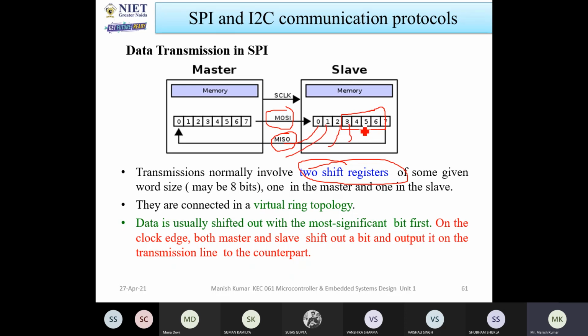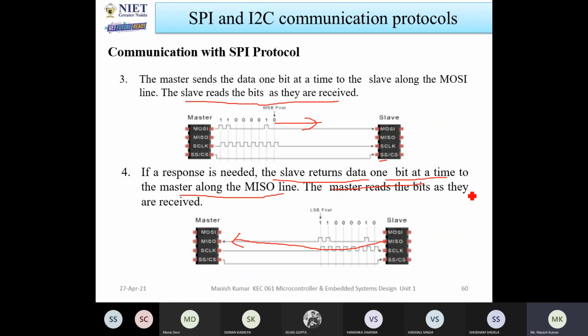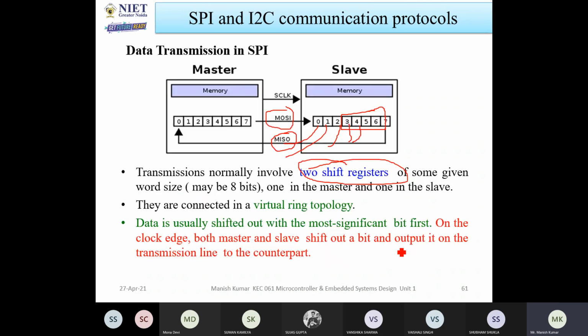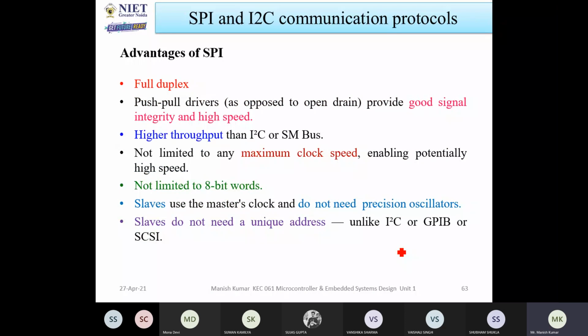Correct? So in the slave devices, let us consider that shift registers are available. Whenever the data is read by the slave, it will be stored in the shift registers. So in this way, you can transfer the data with the help of the SPI protocol.